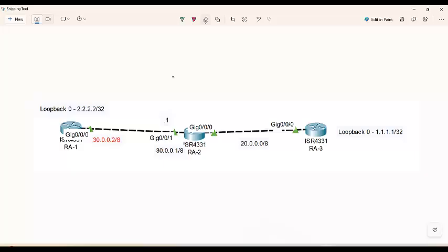Now, there is a drawback again. Writing a static route in a large environment is not a recommended one. The reason is, in a large environment, understanding the topology in depth is mandatory. Only then can you write a static route.